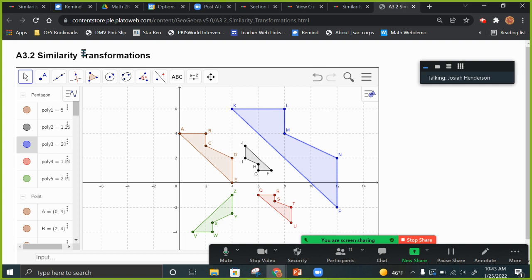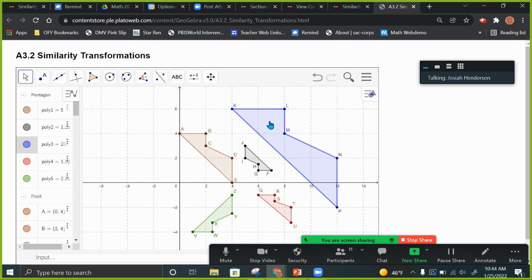So if I want to start with A, B, C, D, E and end with K, L, M, and P, the blue one, are we going to be enlarging it or shrinking it? Does anyone see that? Do we want to enlarge or shrink to go from orange to blue? Enlarge. Awesome.